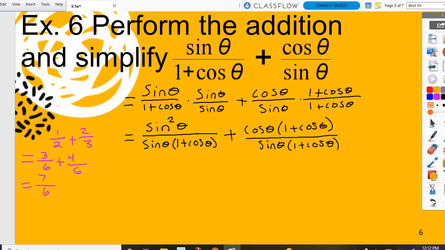So then what can we do? Okay, so we get sine squared plus cosine of theta times 1 plus cosine of theta. And then what's going to be on the bottom? Just the denominator, rewrite.